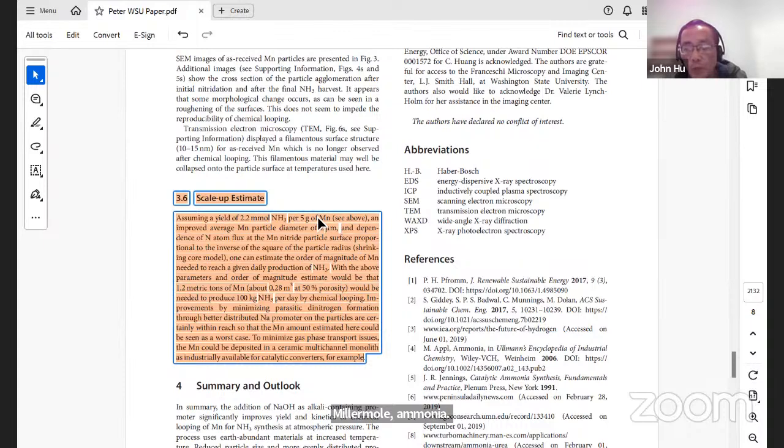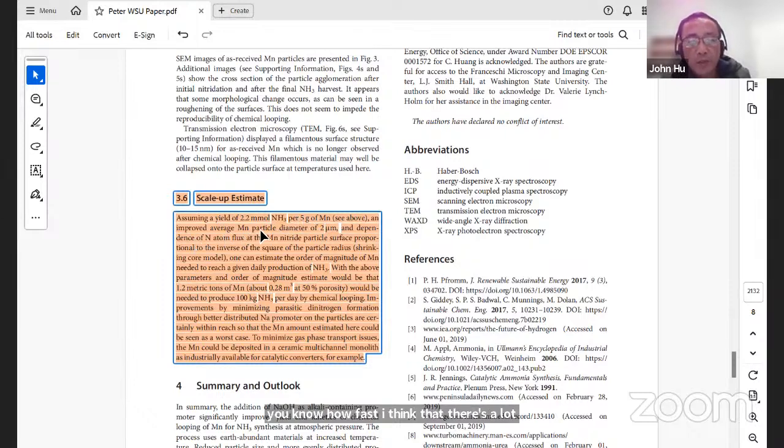But the problem is, you see, he did not give the time. How long it took to produce 2.2 millimole ammonia with 5 grams? Okay, so what's missing is the time, how fast. I think there's a lot of missing links here, but just keep on reading.